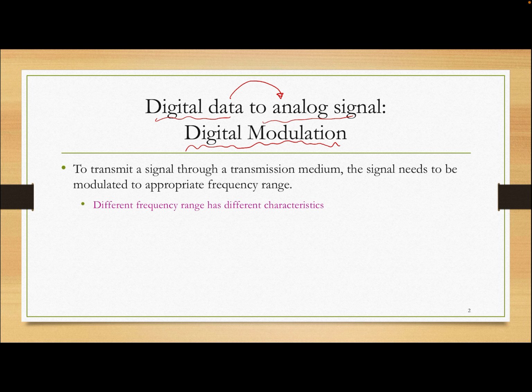Now, why do we have to do that? Because in order to transmit a signal through a transmission medium, the signal needs to be modulated to the appropriate frequency range.